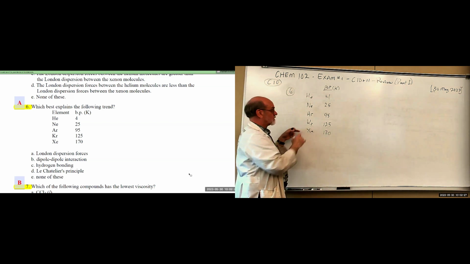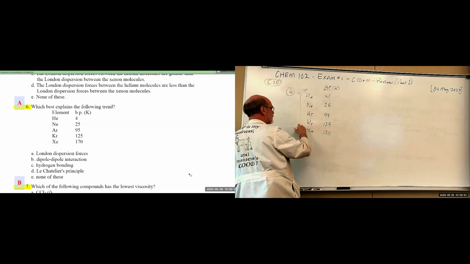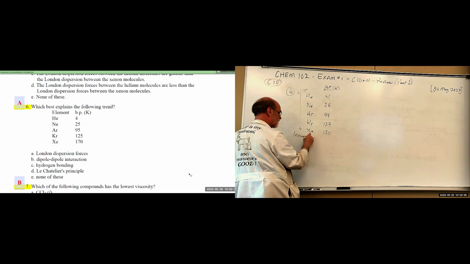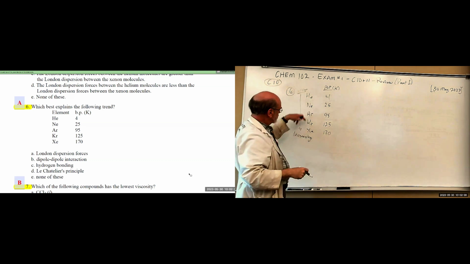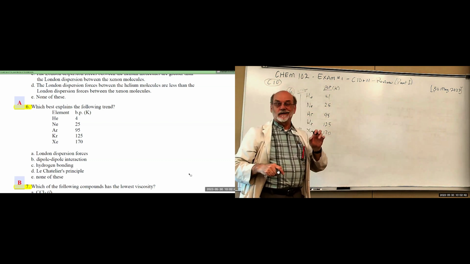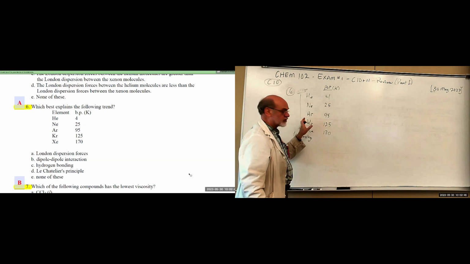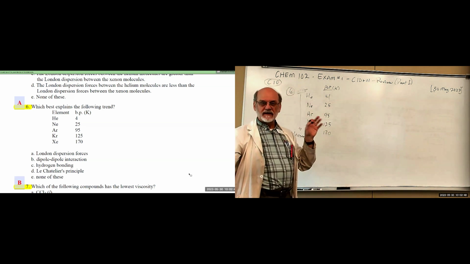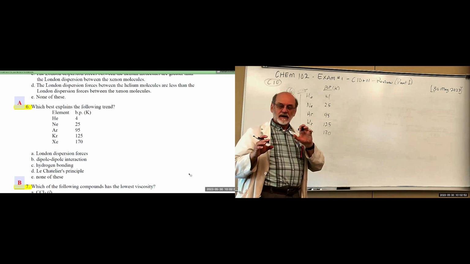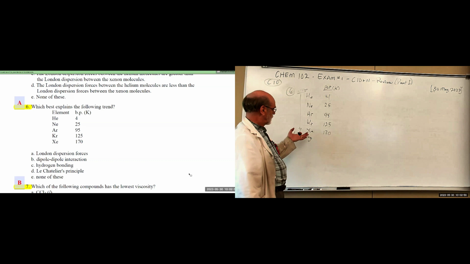Molar mass is increasing that way, which means that these atoms are getting bigger. And if you have a larger atom, then the valence electrons that surround that atom have a lot more room.